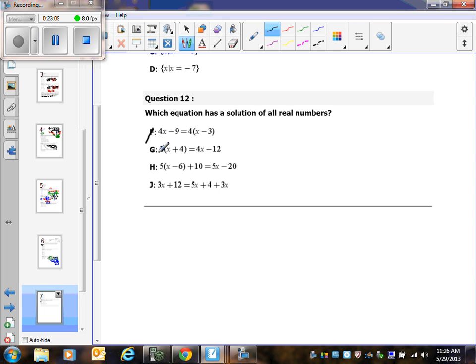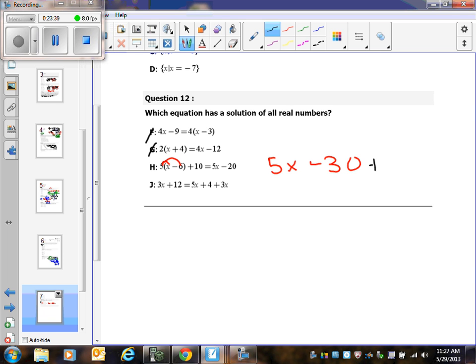Now looking at choice G, distribute the 2 to the x. I'm going to have 2x. And right away I can see I'm not going to have 2 identical sides, so I'm going to eliminate choice G. Now let's look at choice H. If I distribute the 5 to the x, I get 5x. And to distribute the 5 to the negative 6, I get negative 30.